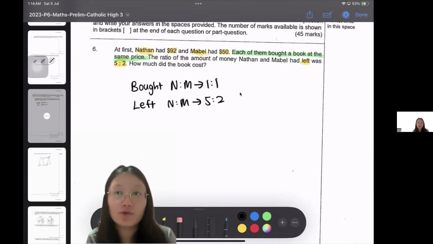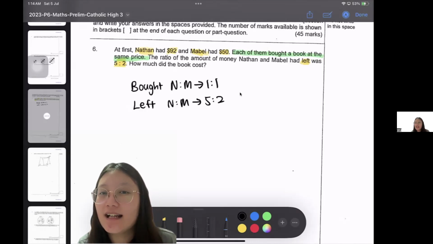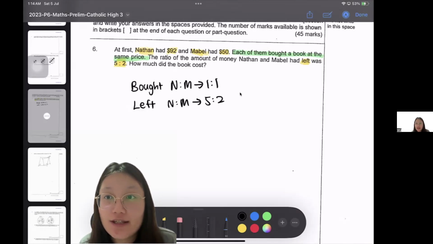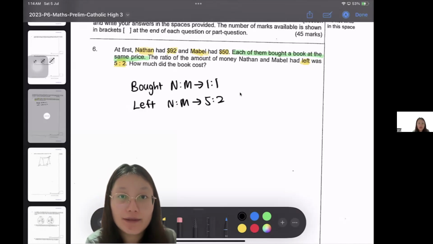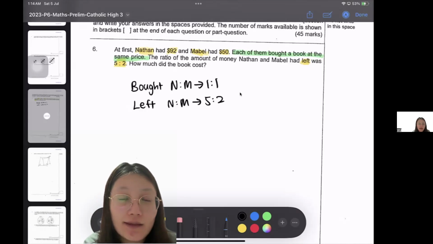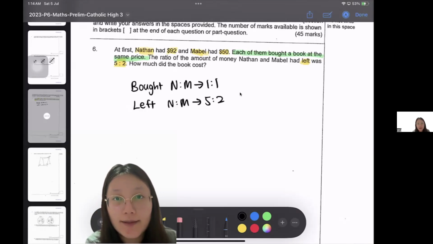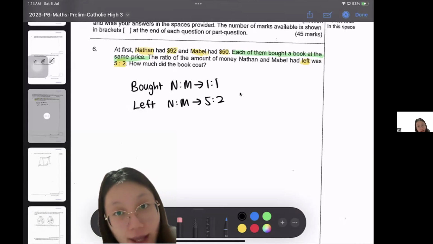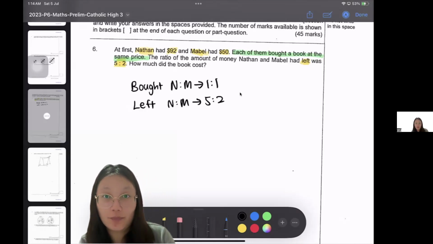Okay, now that you have two ratios, you've got the bought and you've got the left, what you need to do is to see whether the fractions are equivalent. So the bought N and the bought M is 1 and 1. And the left N and the left M is 5 and 2.